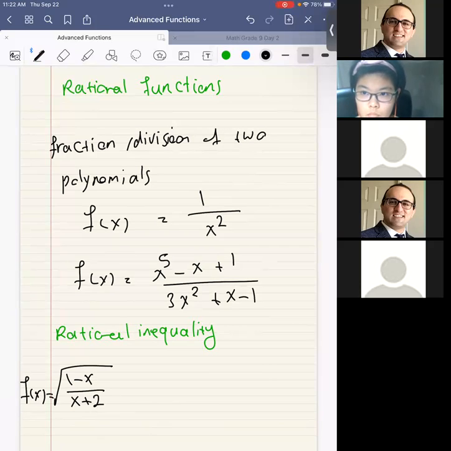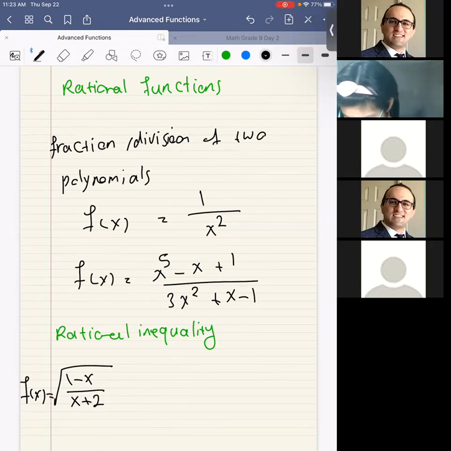In order to find the domain, because of the existence of the square root, there should be some restriction. What is the restriction for the square root? The entire function inside the square root cannot be less than 0.